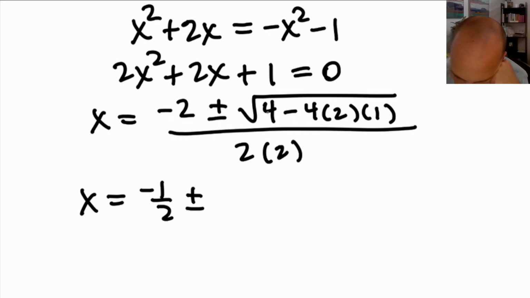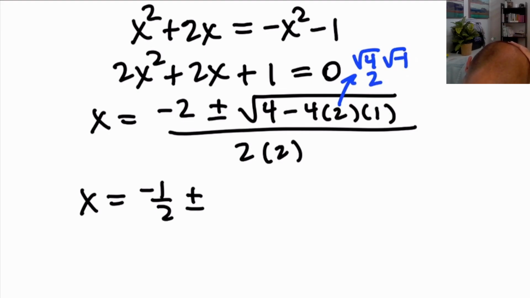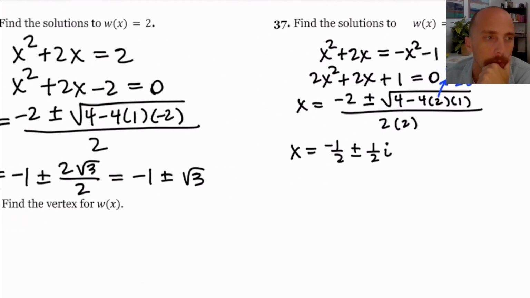If I take 4 and I subtract 8, that will be -4. And the square root of -4 is going to be the square root of 4 times the square root of -1, which is 2i. So 2i divided by 4 is going to be i over 2. All right, what else do we got here?